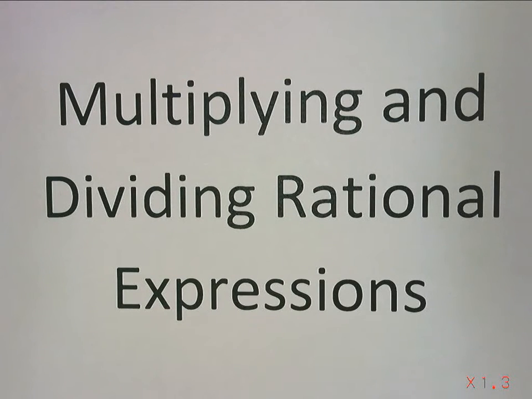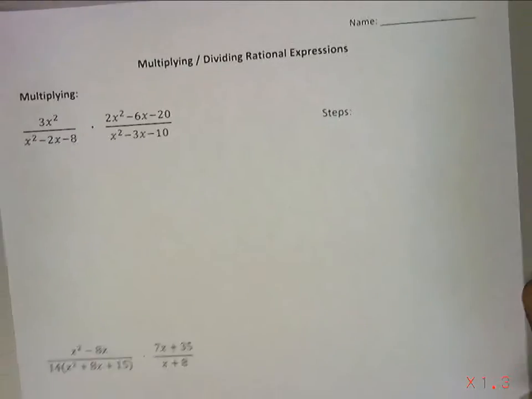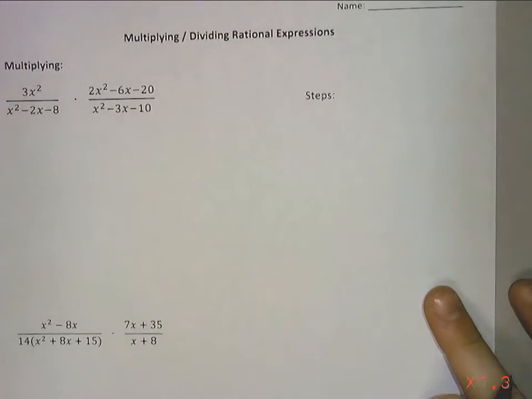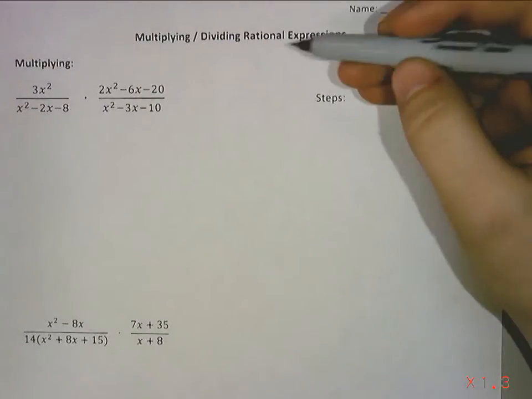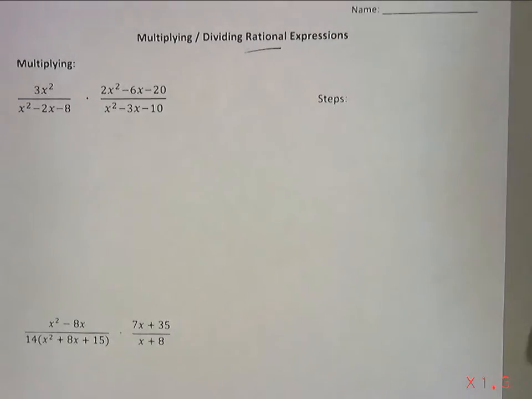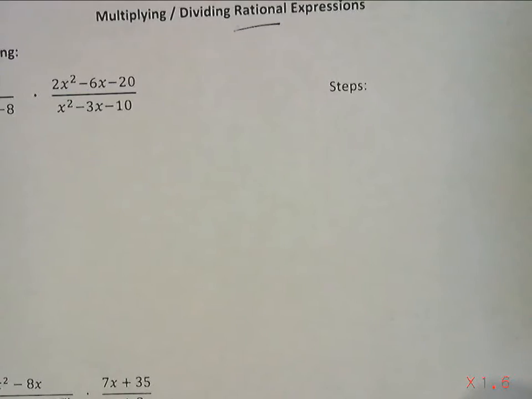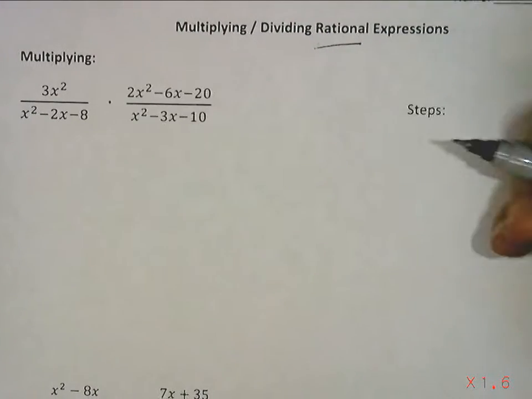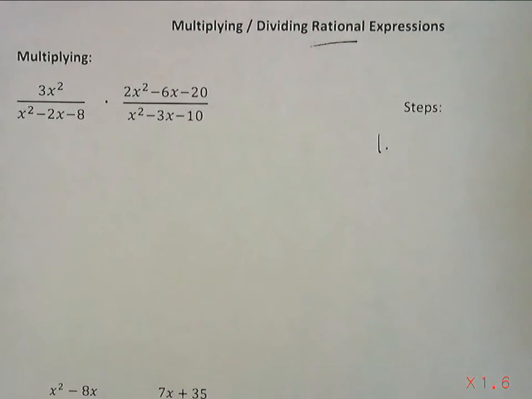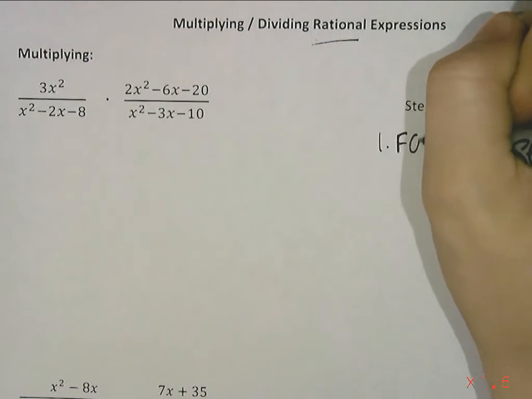Okay, so this is multiplying and dividing rational expressions. Basically, rational is just a fancy word for fraction. For step one, step one is to factor.